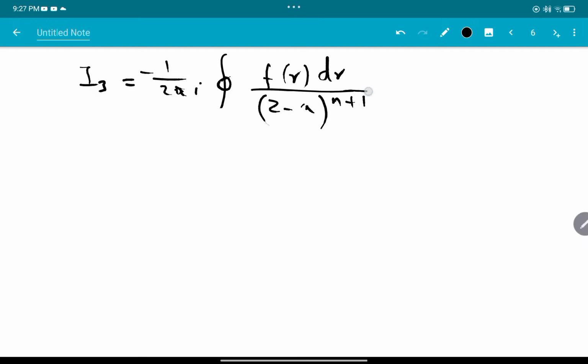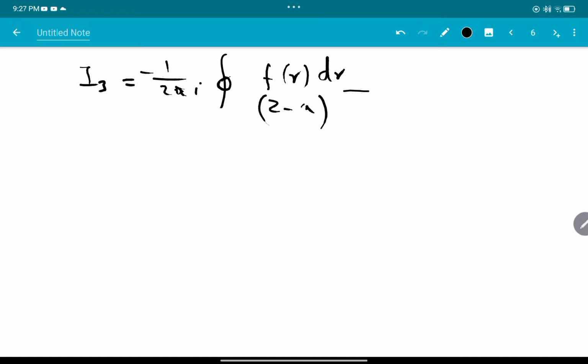Then I have this series. First I have to take this out, and then I can do this. First let me keep it like this, 1 by Z minus A.